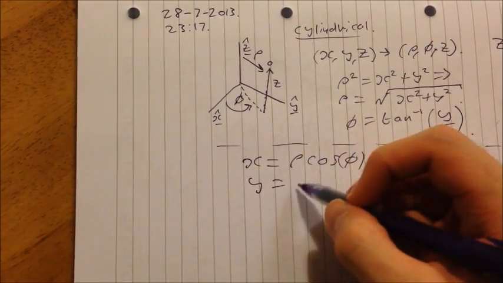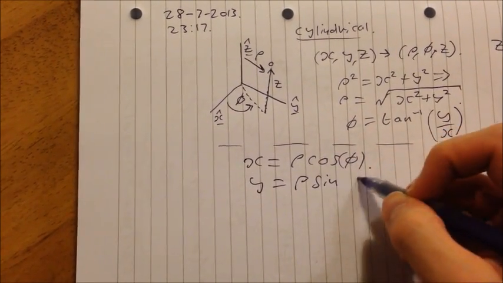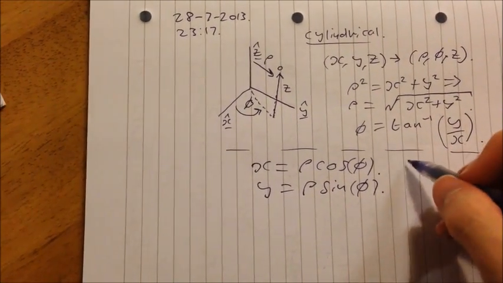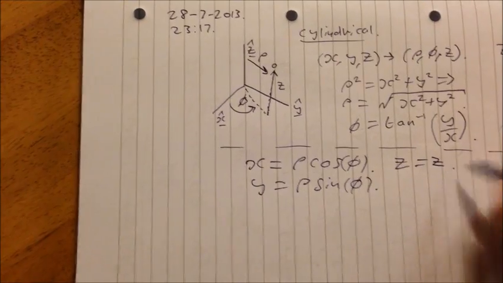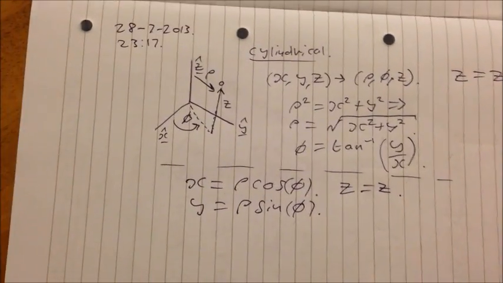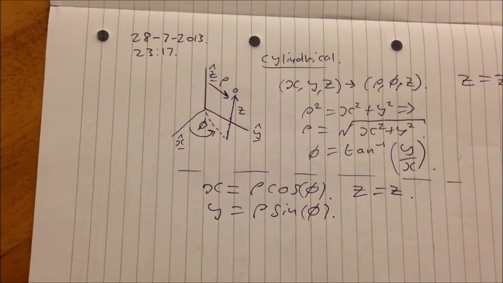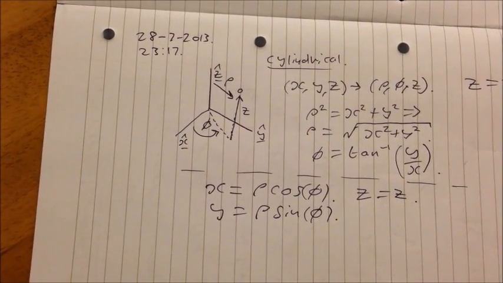And then y is rho sin phi, which is also easy to see, and again z is equal to z. Okay, so we've done the conversions for the vector components.